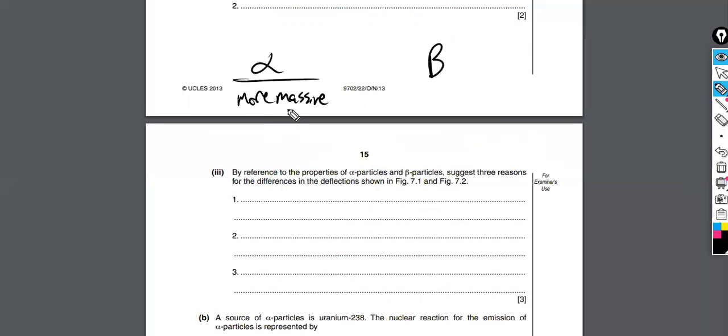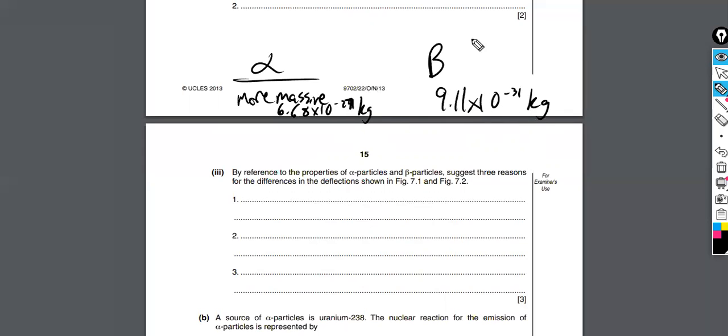An alpha particle has a mass of about 6.68 by 10 to the negative 27 kilograms. A beta particle has a mass of 9.11 by 10 to the negative 31 kilograms. That's about 10,000 times more massive, which means it's going to make it further through the field.